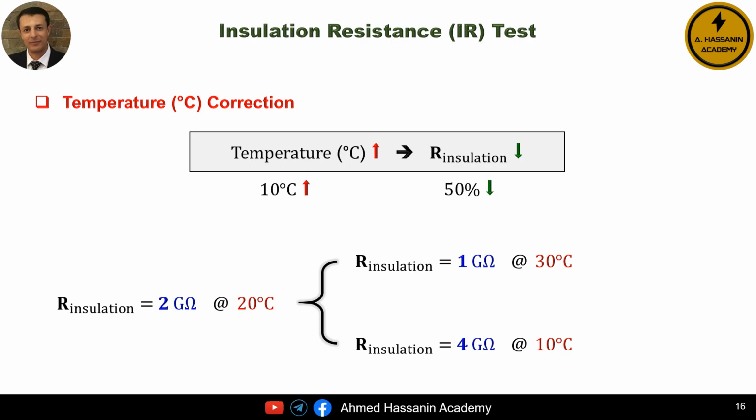For example, if the insulation resistance measured at 20 degrees Celsius is 2 gigaohms, then for the same transformer, if the insulation resistance is measured at 30 degrees Celsius, it will be observed as 1 gigaohm. Likewise, if the resistance is measured at 10 degrees Celsius, it will be observed as 4 gigaohms. That is why it is very important to carry out temperature correction for the measured insulation resistance value and then compare it with the factory test values at the same reference temperature.